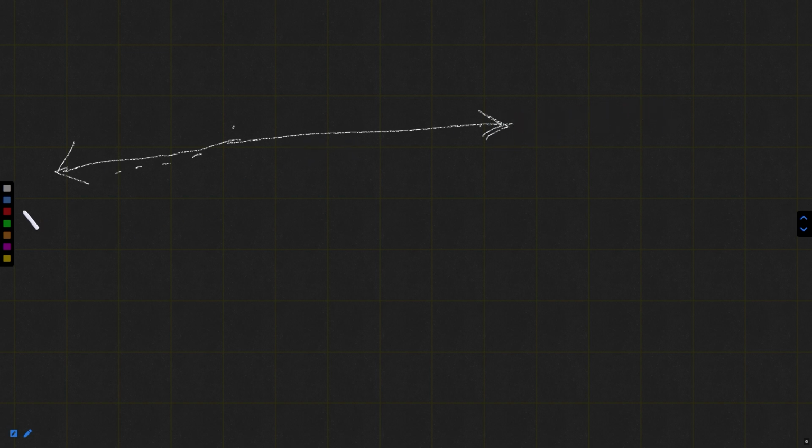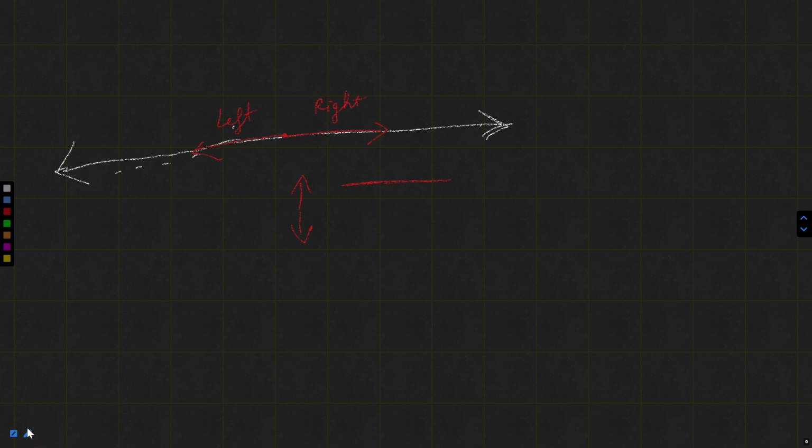So if I am here, 1D means we can travel either to this side or to this side, either right or left. We can't go up or down. We are restricted to only one type of movement, here or here. So this is the one-dimensional meaning.